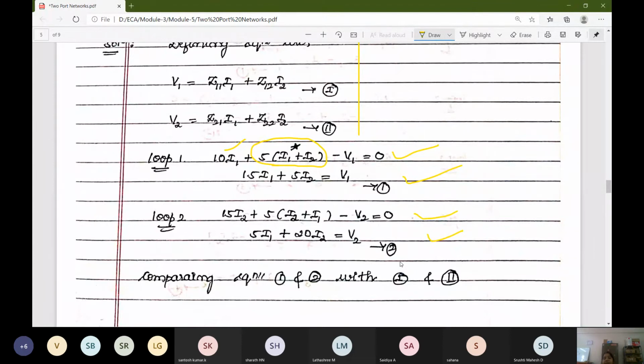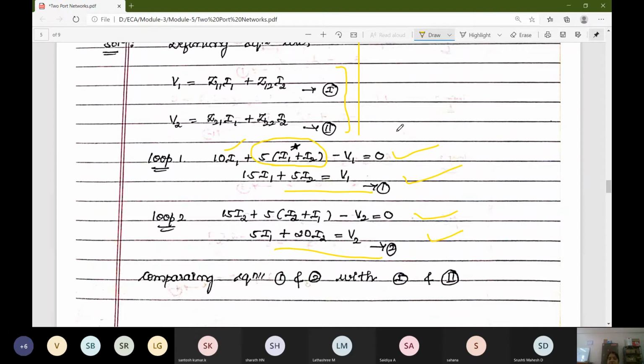The important part here is you can solve this by many methods. You can put I1 as 0 and find out Z11, Z12 from the defining equations. Or the easy way is to just compare equation 1 and equation 2 with the defining equations.